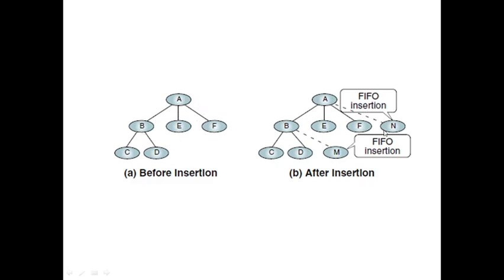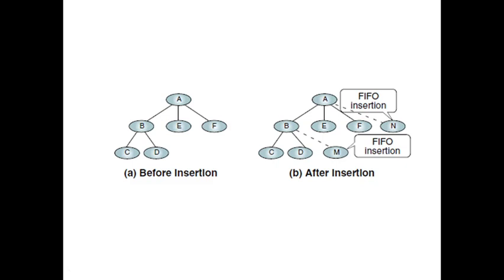Now we have to insert N. N has to be inserted under A. There is no logic for this selection. There is no logic that says why N should be inserted under A and not under some other node. We just arbitrarily make that selection, or there is some application where it has been determined that the new node has to be inserted under the root.